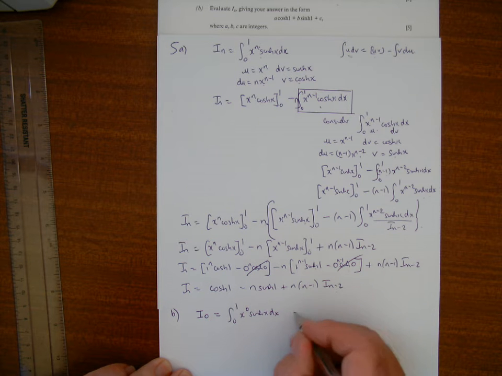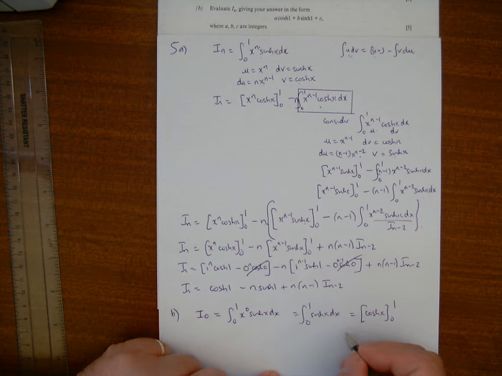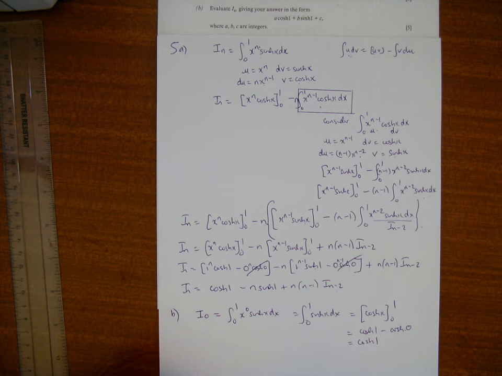X to the power of 0 is 1, so that's the same as the integral from 0 to 1 of sinh x dx. Integral of sinh x is cosh x from 0 to 1, and then sub in, that's cosh of 1 minus the cosh of 0, and cosh of 0 is 0, so that equals cosh 1.